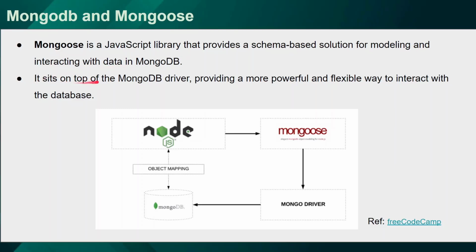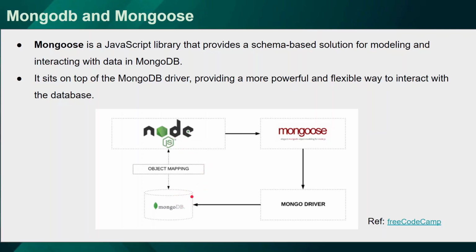It sits on top of the MongoDB driver, and it provides a more powerful and flexible way to interact with the database. So this is the architecture, which means our Express app is a Node application that relies on this, and then we need to do object mapping to our database, which is MongoDB.